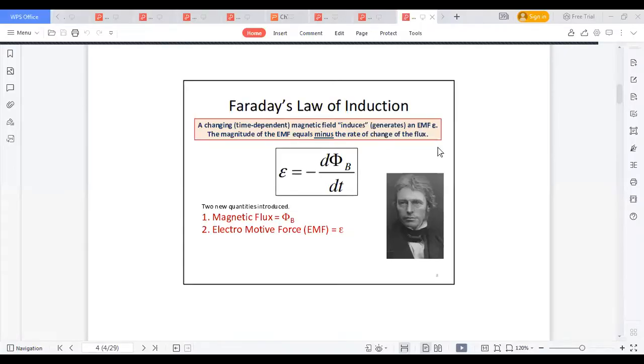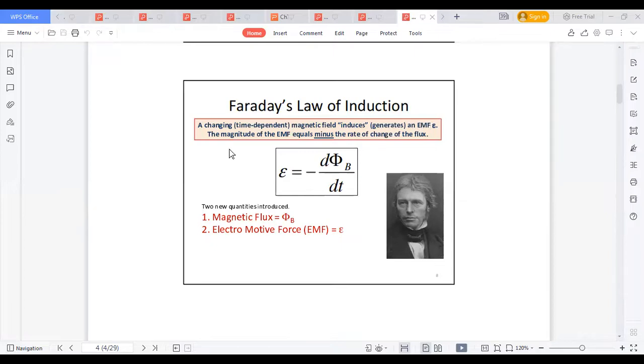Now Faraday's law of induction. We have already studied this in our previous slide. Faraday's law of induction: a changing, that means time dependent, magnetic field induces or generates an EMF epsilon.